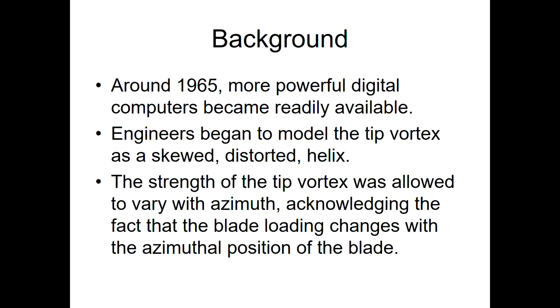They allowed it to vary. Once the vortex is released, it holds its strength. But as the blade is going round and round, it's constantly releasing tip vortex structures, so the strength can vary azimuthally. So the induced Gamma can vary azimuthally.